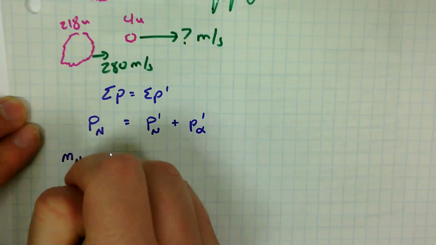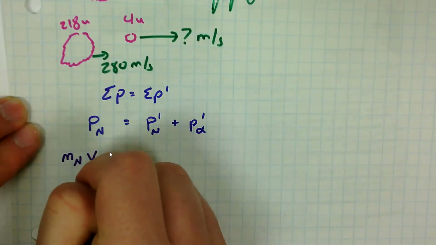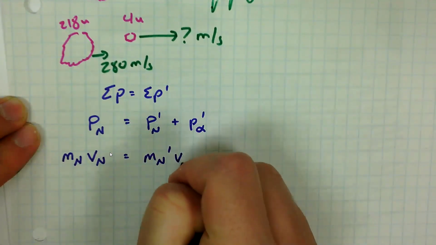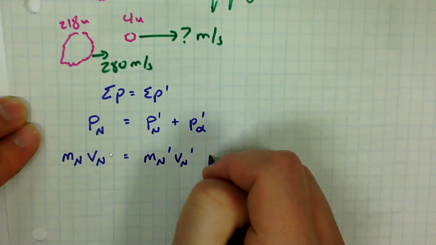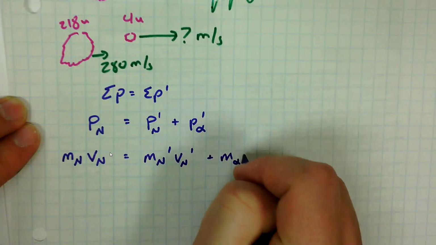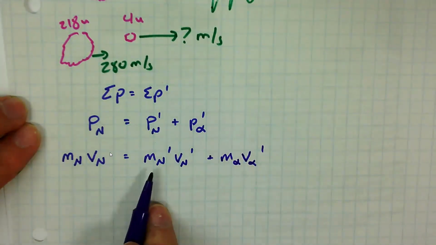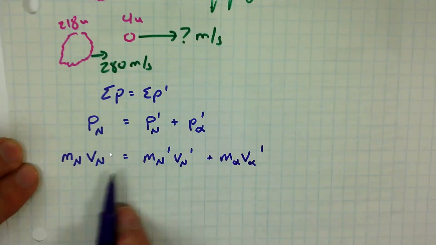So I have mass of nucleus times velocity of nucleus equals mass of the nucleus prime times velocity of the nucleus prime plus mass of alpha times velocity of alpha prime. I just called this mass prime because the mass changed, right?